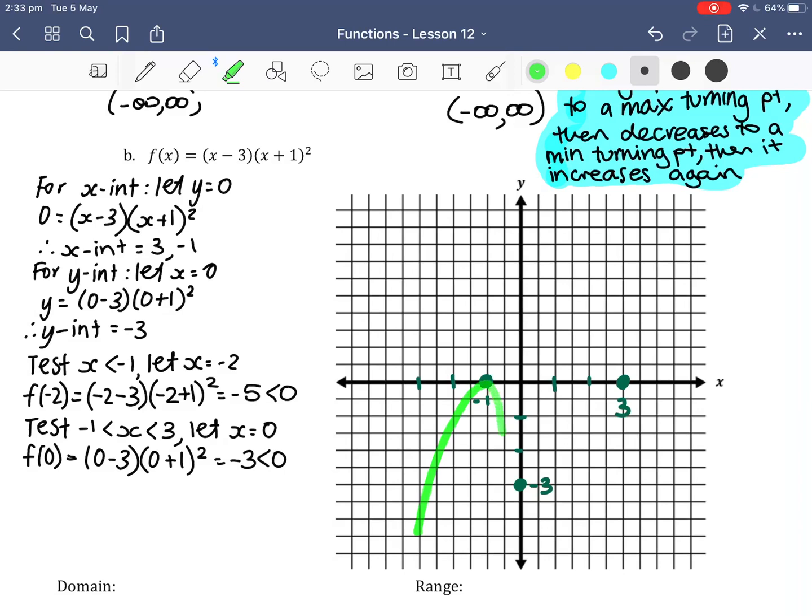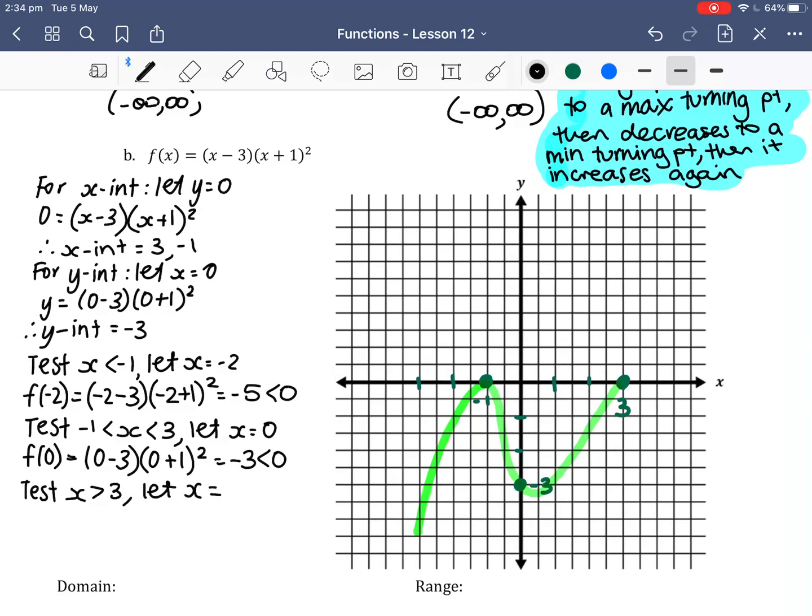It then hits our x-axis at -1, goes through our y-intercept of -3, and then goes up to 3. And then we're going to test what happens to our function when x is greater than 3.